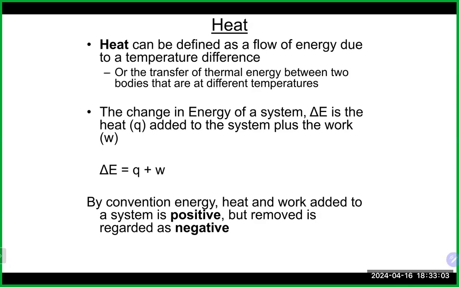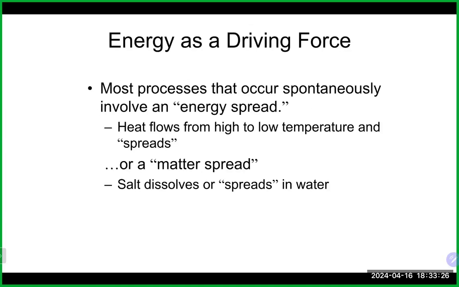And a lot of times we do use heat or energy to do some type of work on a system or work done by a system. By convention, heat and work added to a system is positive, but removed is regarded as negative. So again, that's kind of the same idea. Things that are negative are sort of exothermic type processes being released, and anything being absorbed is a positive sort of value.